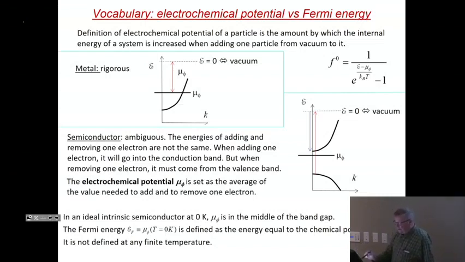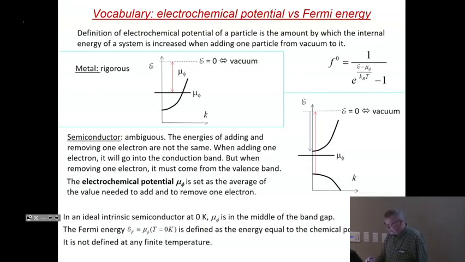Now, if you have a semiconductor where your electrochemical potential can fall somewhere in the gap, that's actually not rigorously defined, because it moves if you remove just 1 electron. So we have to define something, and we define it as the average of the value needed to add or to remove 1 electron. So there we go.